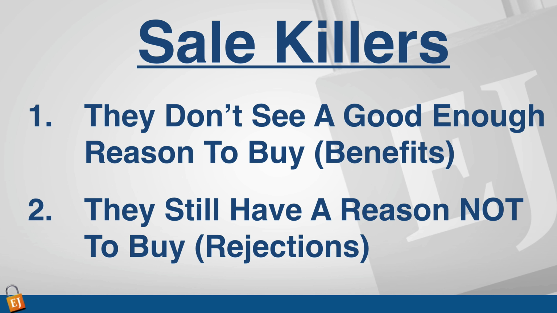Maybe they're concerned the product doesn't match their unique situation. Maybe they're just worried about whether they have a refund period they can take advantage of, so it will protect them. There's all kinds of rejection points that will stop a person from buying. So you need to make sure your sales page includes both the benefits and also the right statements to remove the rejections. So that's what we're doing with a sales page.